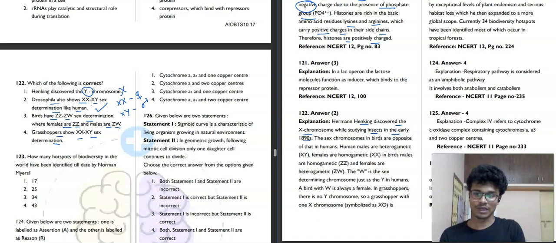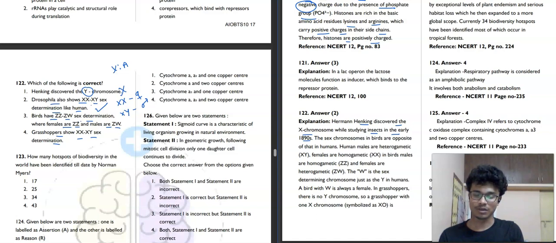And we know that in Drosophila we also have the X to A ratio. Here A is the autosome, and this will determine whether it is female or male. Next, birds. Basically, it is correct that birds have ZW sex determination, but the statement says females are ZZ, that means homogametic, and males are heterogametic.